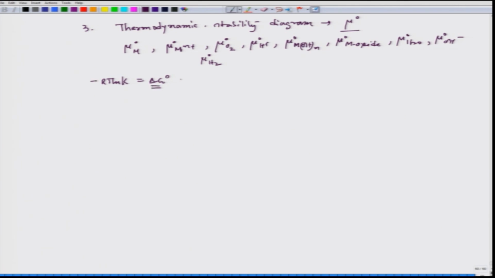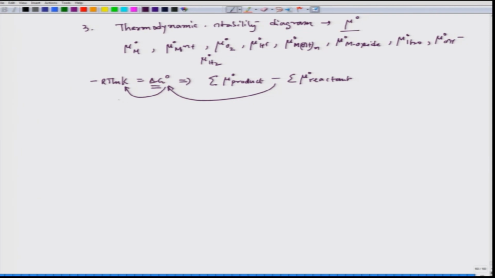Now, delta Z0 we can write, as we have done before, as the summation of standard chemical potential of products minus the summation of chemical potential of reactants. So, this will give us free energy change. From that we can calculate activity, this equilibrium constant.